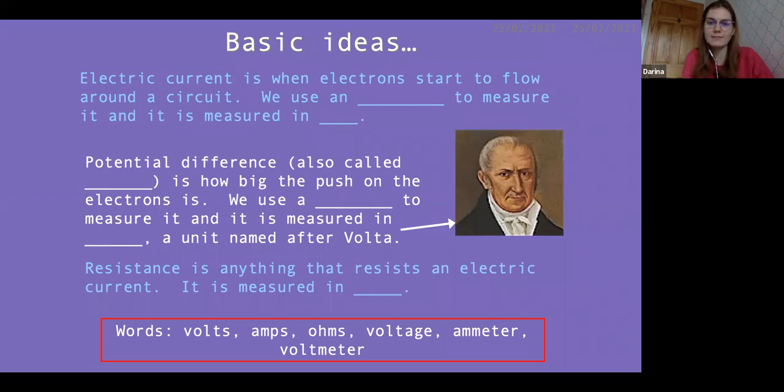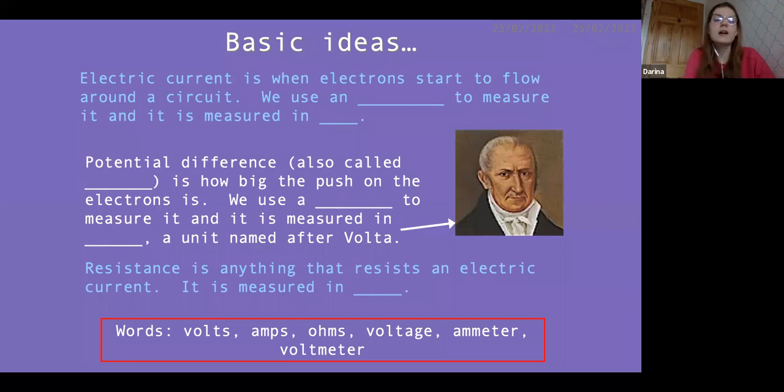Just put it in the chat if you want to have a go. Right, so we've got some answers. And again, this is voltage, right? And just like the name is giving the idea, we use a voltmeter. So it's called voltage. We use a voltmeter to measure it, and it is measured in volts.